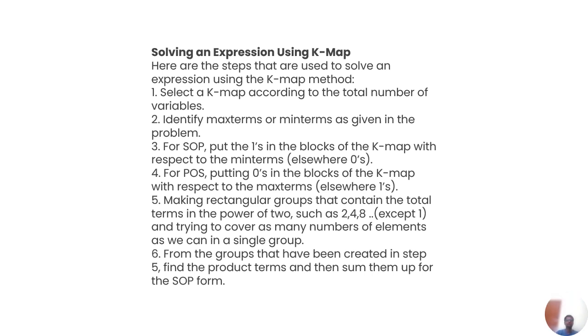Next, for POS, put zeros in the blocks of the K-map with respect to the max terms. Fifth, make rectangular groups that contain a total number of terms in powers of 2, such as 2, 4, 8, except 1, and try to cover as many elements as we can in a single group. From the groups created in step 5, find the product terms and then sum them up for an SOP form.